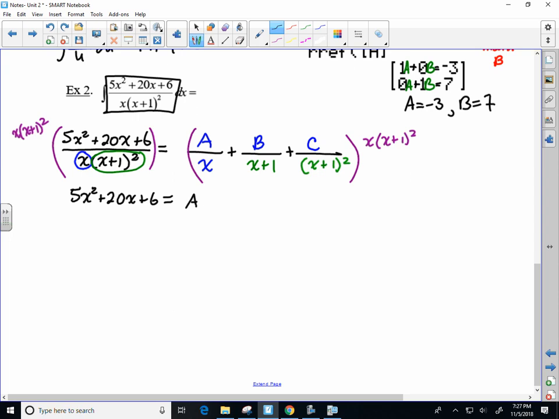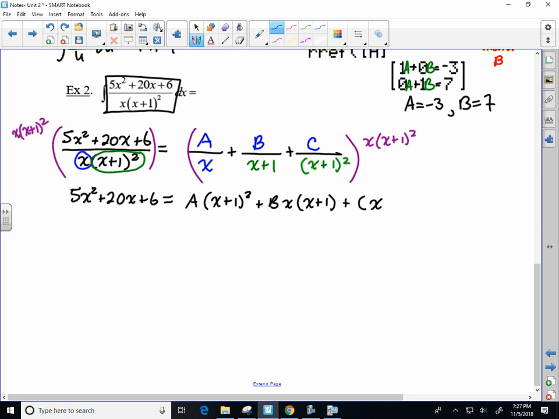So you're going to have a times x plus 1 squared plus bx times x plus 1 plus c multiplied by x. So basically the components of your common denominator not accounted for in the denominator that's already there. So I already have an x, everything else. I already have an x plus 1, everything else, and so on.